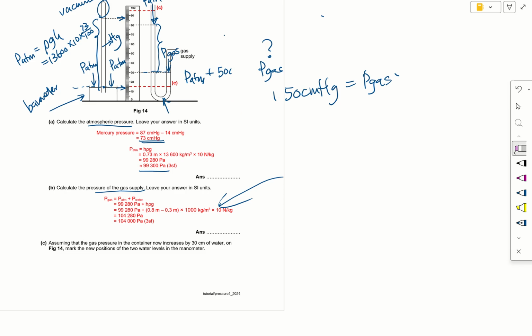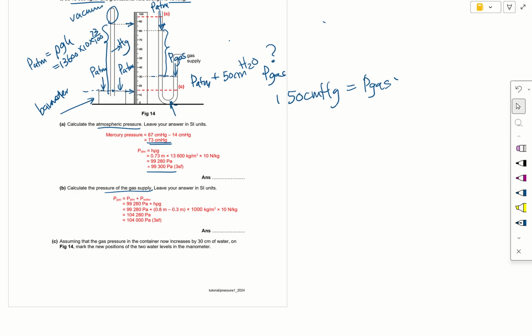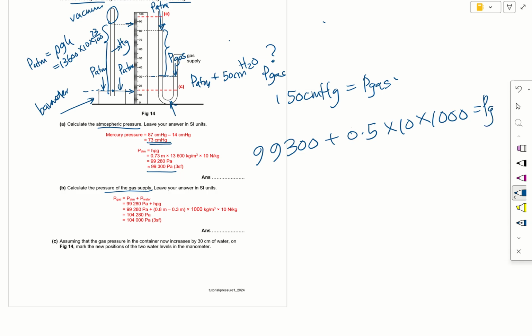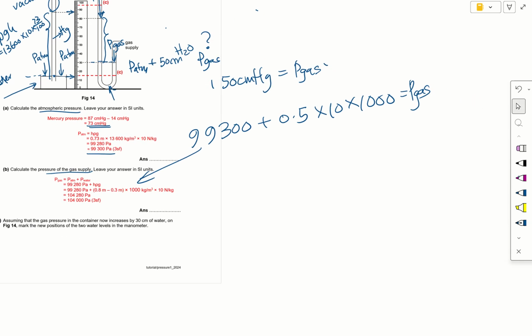This is 50 cm water. So I should just use my 99,300 plus 0.5 times 10 times water's density to be the P gas. So again, my answer is different. My working is different from this, but I'm going to try it again.